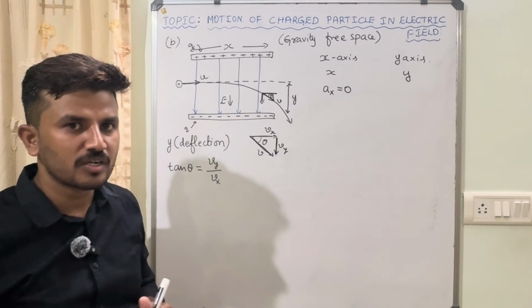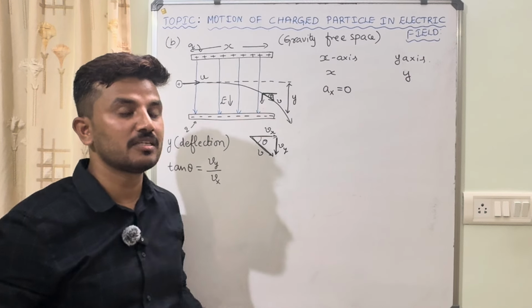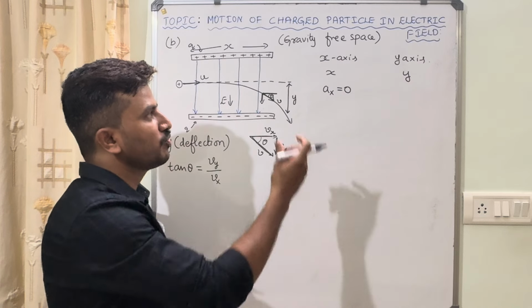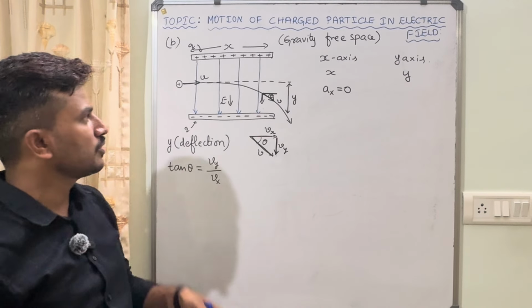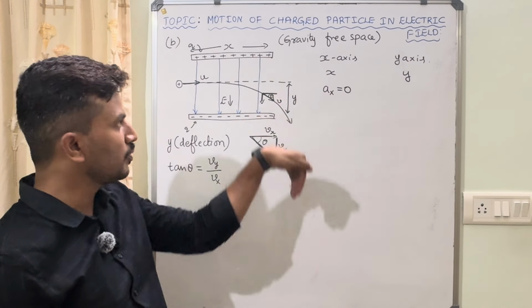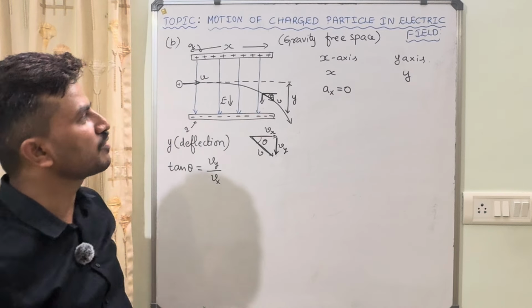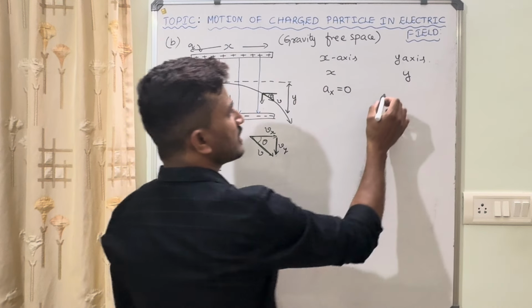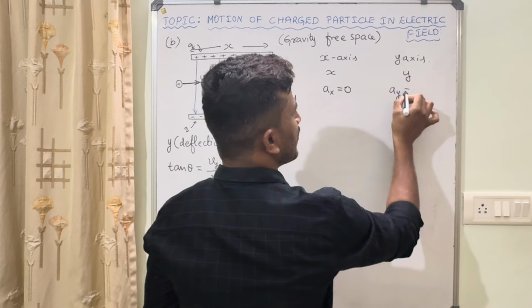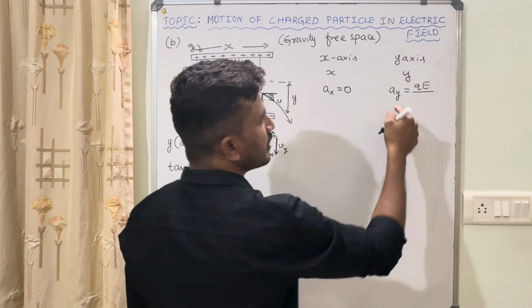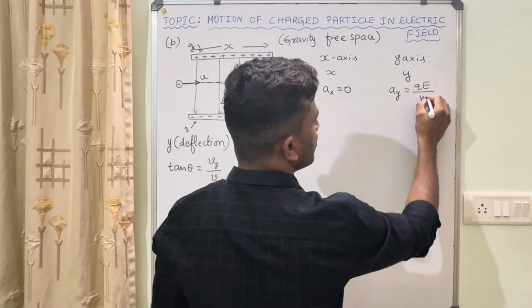Otherwise there will be a force mg also. In this direction no force acts; downward, the positive charges repel each other, so it moves downwards with a force. So the acceleration along the y-axis, from the expression we just derived for electric field, is Ay equal to QE by m.